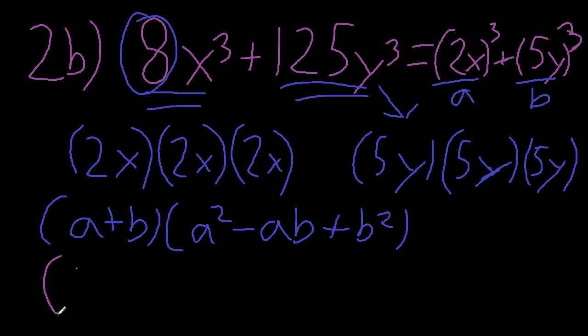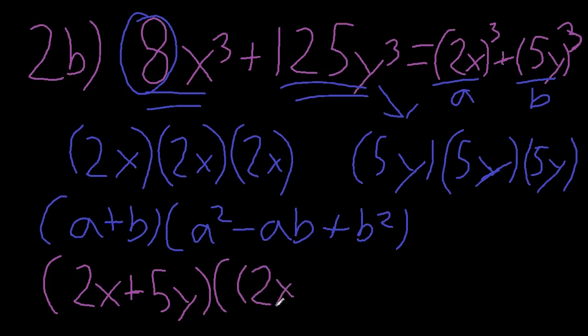So I have 2x plus 5y, parentheses. I have a squared, so I'm going to write down 2x, but I'm going to include the parentheses this time, and then I'm going to put an exponent 2 there.